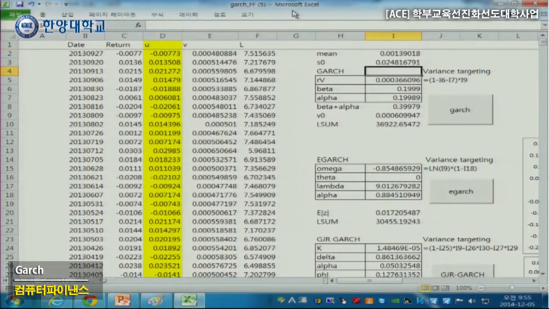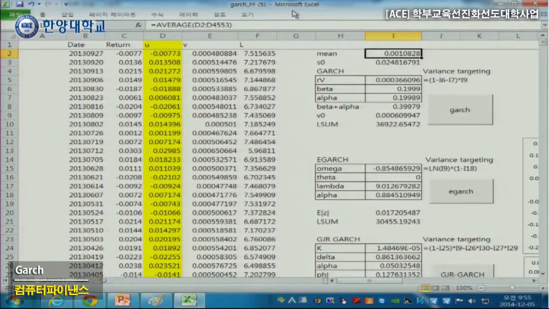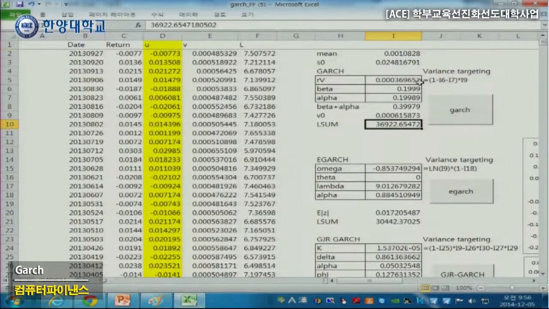And the mean is the average of this one. Anyway, this average is very close to 0, right? So I'll assume this is 0. The standard deviation is this one, and the daily variance is the square of this one. It looks like this.